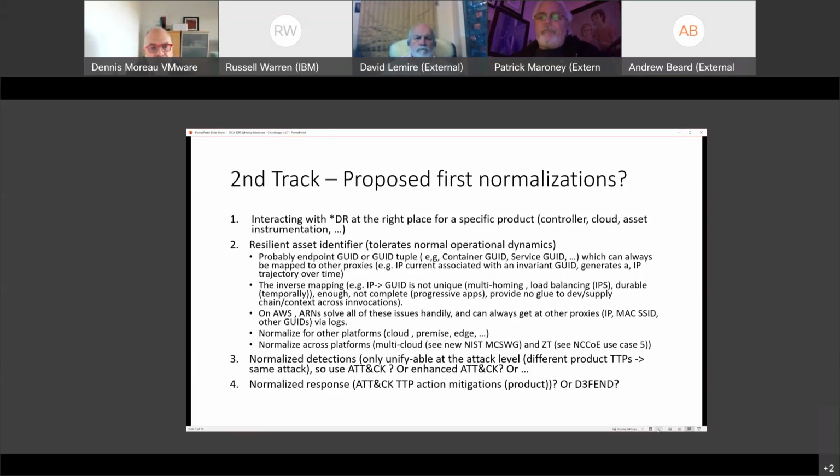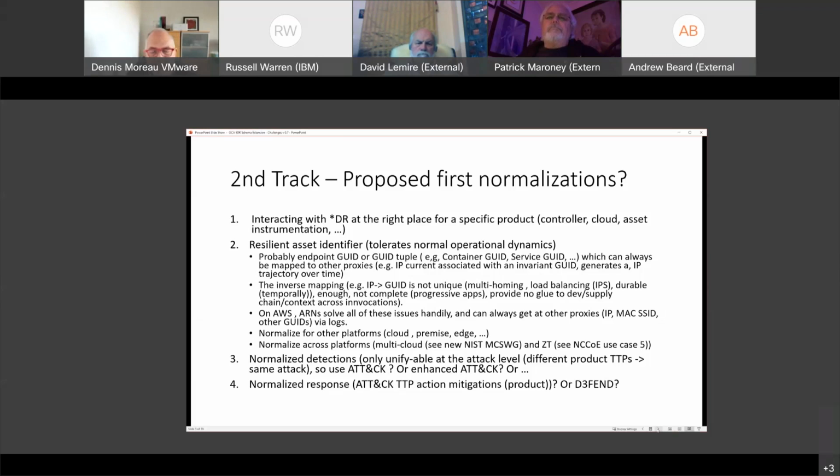The suggestion then might be to normalize to a set of unique identifiers, whatever the right ones are for the platform we're dealing with, and then consider whether we want to normalize for other platforms, the rest of the on-prem or private or public cloud domains, and then separately figure out how to normalize across platforms. The interesting thing there is there's some work on things like global network identifiers and global namespaces.